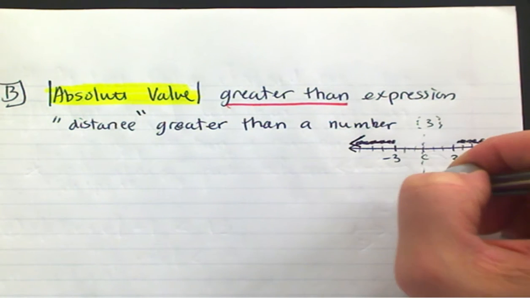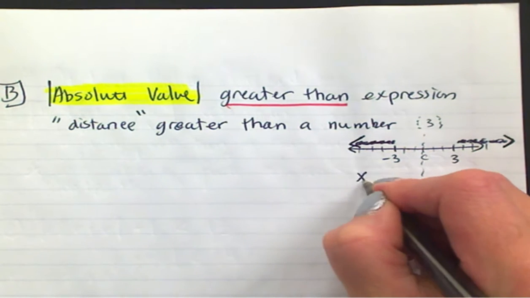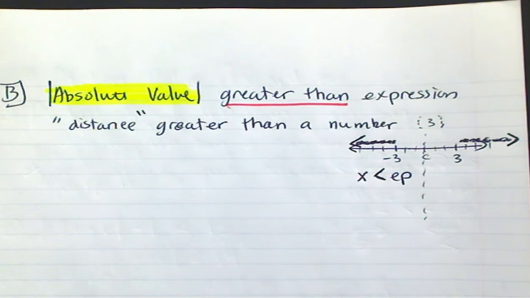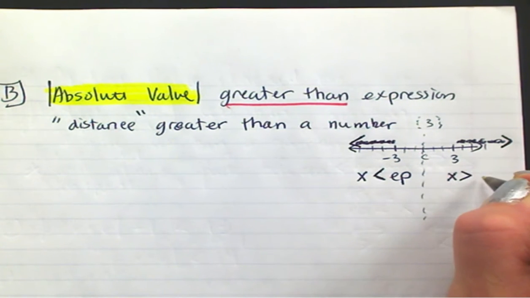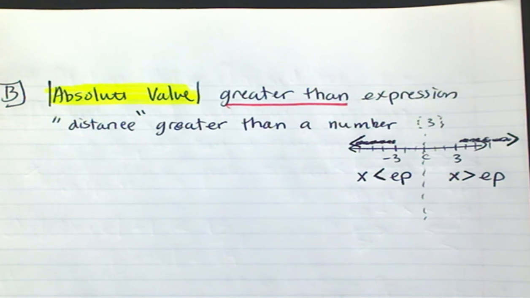So I have my center. Okay, I have X less than the left endpoint. I also have X greater than the right endpoint. Not a continuous answer.